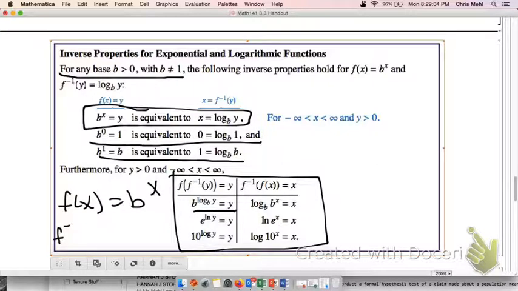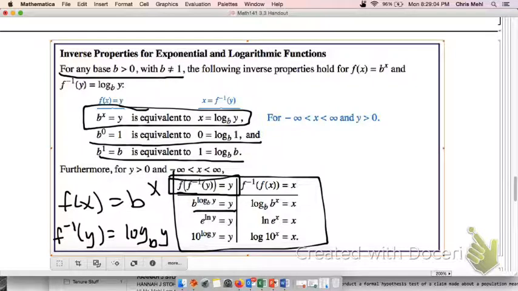This expression, f of f inverse of y, is basically saying plug log into the exponent on base b. So when you do b to the power of log base b of y, you get y back.